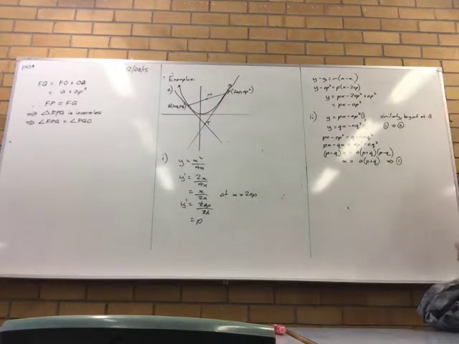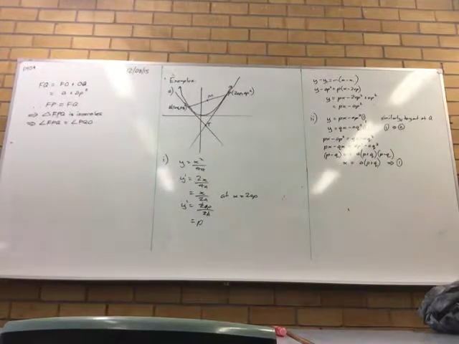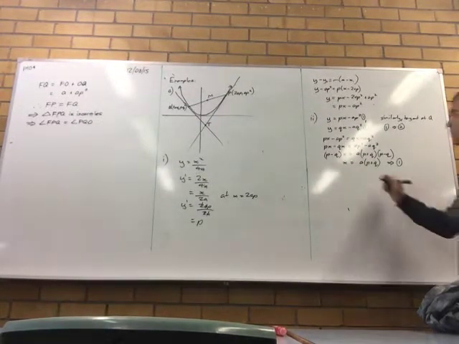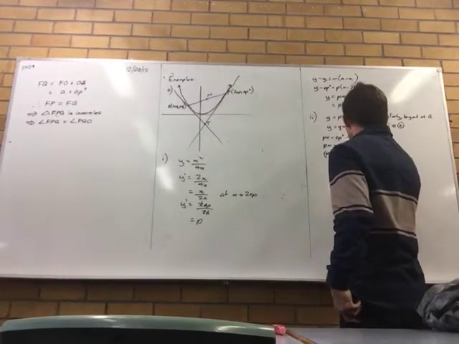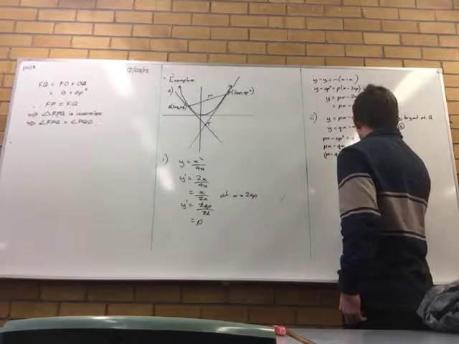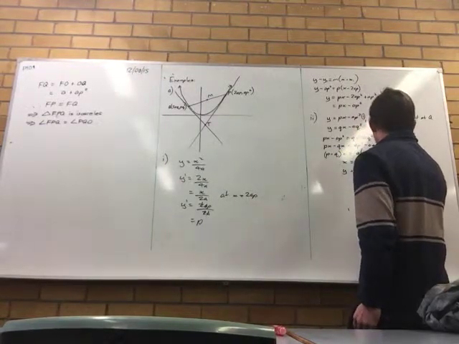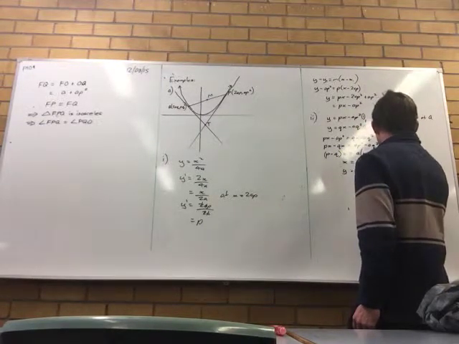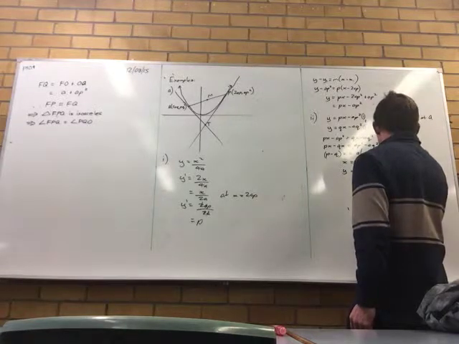Then you need the y value, because you need the intersection of the two tangents. It doesn't matter which one you substitute it in, you will get the same answer.